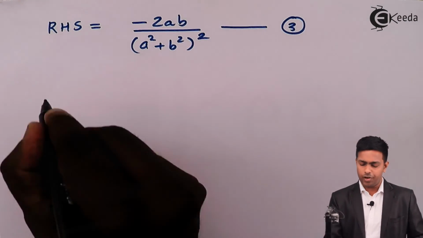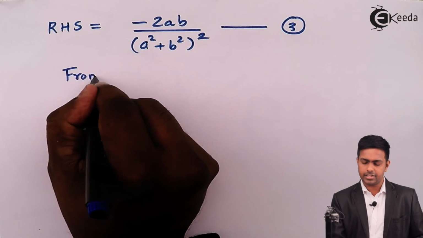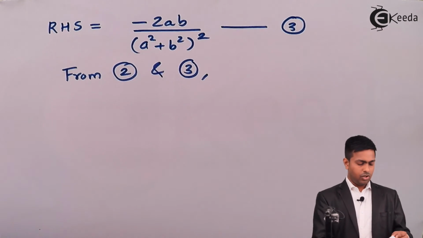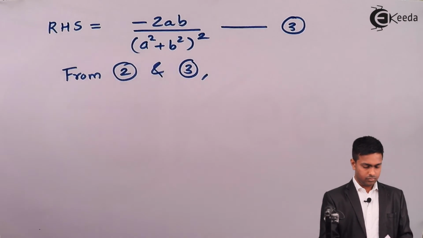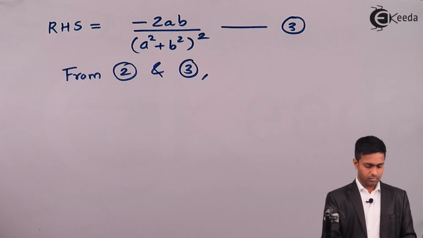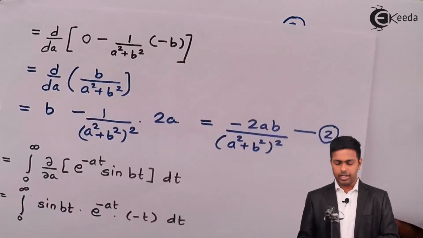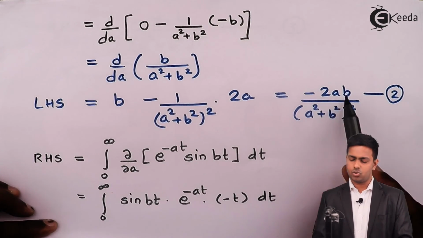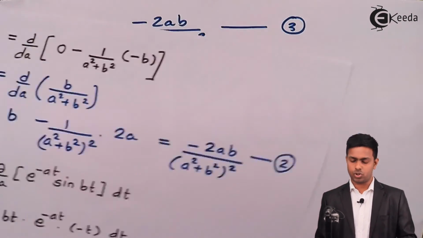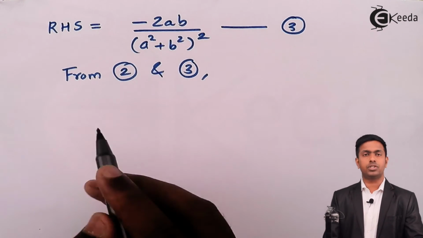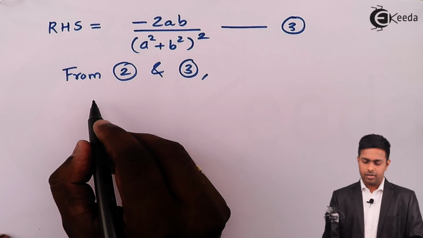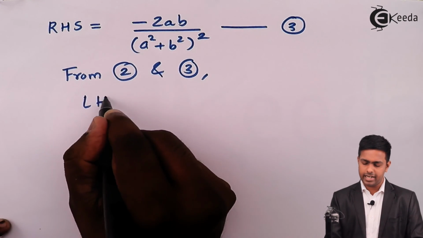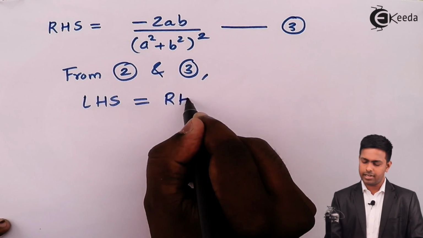And now we will observe the LHS and RHS, that is from equation number 2 and 3. This one is equation number 2 for LHS, which is minus 2ab upon a square plus b square the whole square, and this is RHS. If you see equations 2 and 3, then you'll find that LHS is equal to RHS.